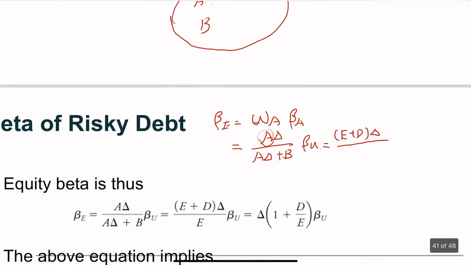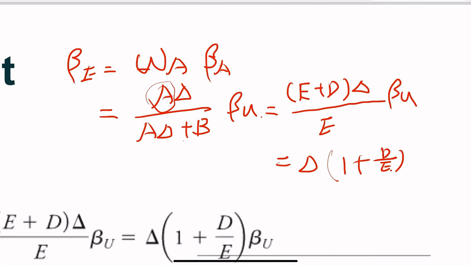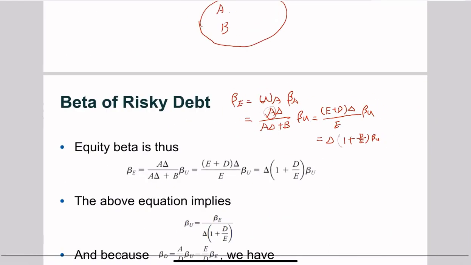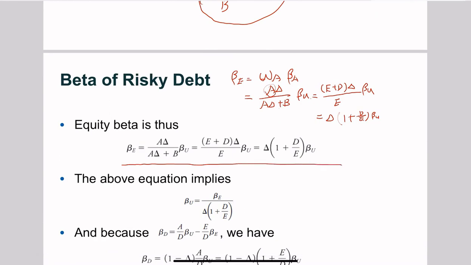So it's just equity, so we could write equity here times beta U. And of course, this will be equal to 1 plus D divided by E times beta U. So this is how you get this first formula.